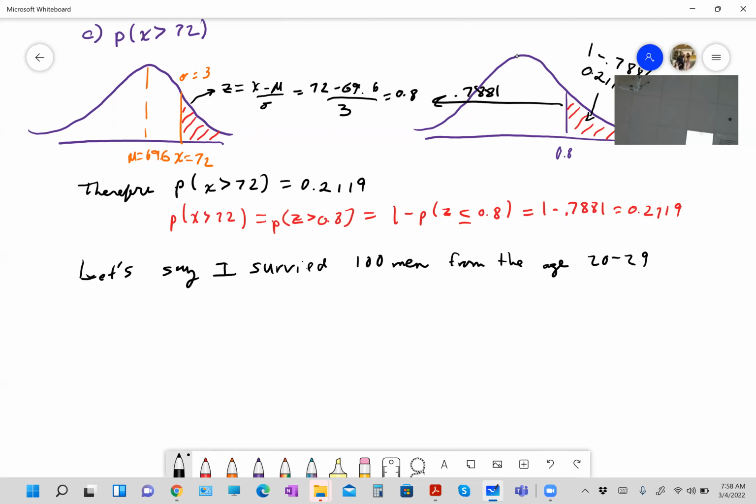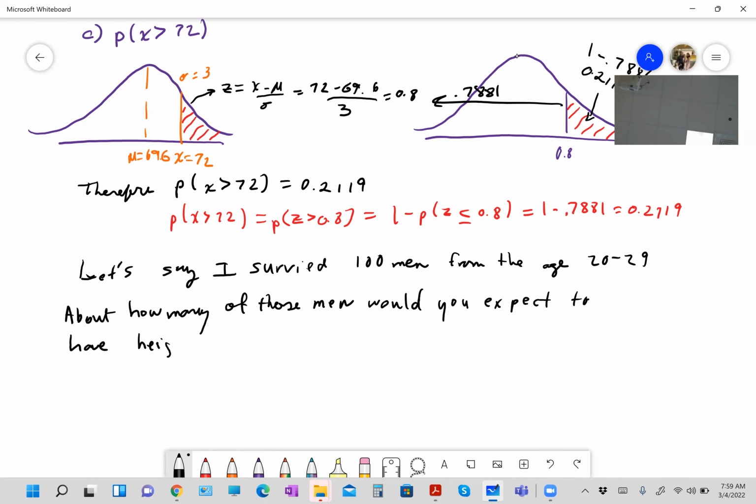And then I ask you about how many of those men would you expect to have heights greater than 72 inches.